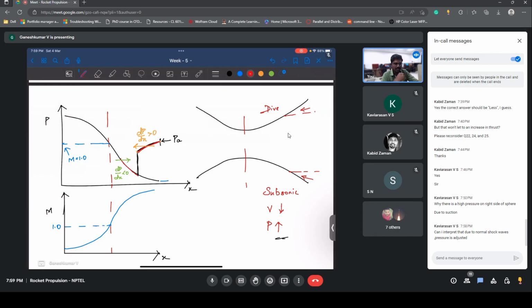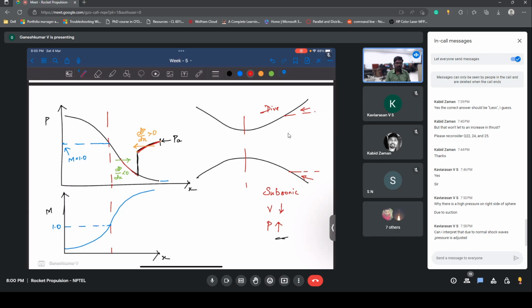If something changes downstream, the supersonic flow will never know what happened, because you are traveling at a faster rate than the information. Information travels to you at the speed of sound, but you are traveling at more than Mach 1, right? Because of that, you do not know what happens downstream.